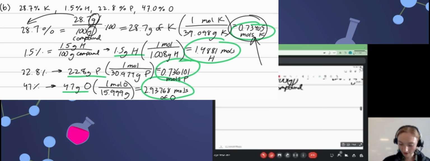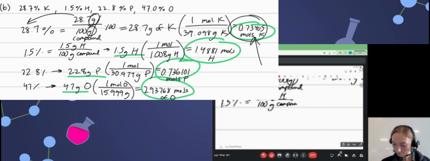So we have 1.5% hydrogen. That means we have 1.5 grams of hydrogen over 100 grams of the total compound. And so that will give us 1.5. This is not an equal sign, this is just telling you how many grams that we have. So 1.5 grams of hydrogen, and we also have the 22.8% of phosphorus, and you know where this is going.